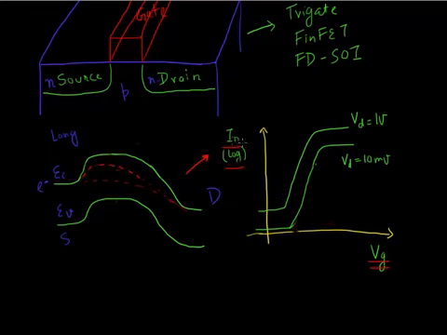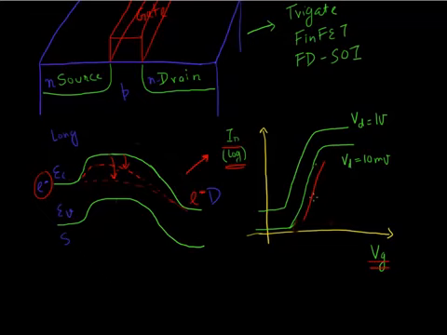So plotted here is essentially the drain current in a log scale as a function of the gate voltage. What you see is that as you apply a gate voltage and lower this barrier for electrons to flow from the source to the drain, you see an exponential increase in your drain current as a function of your gate voltage.